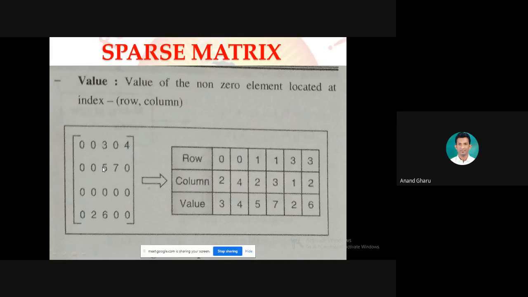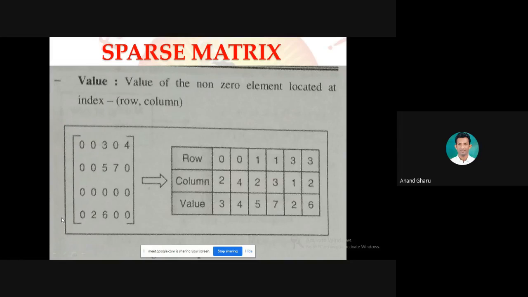सेम 5 किती नंबरचा कॉलम आहे, किती नंबरची रो आहे 1, कॉलम 2. ओके, row 1 and column number 2, value 5. सेम 7, row number 1, column number 3, and value is 7. ओके, अजून कुठे व्हॅल्यू नॉन झिरो, इथे 2.